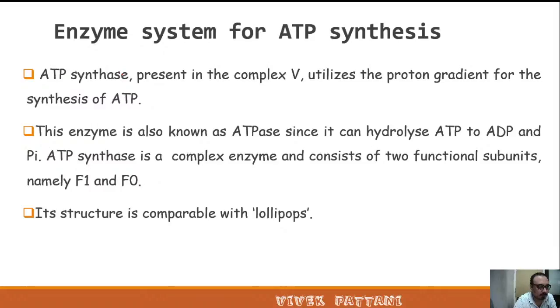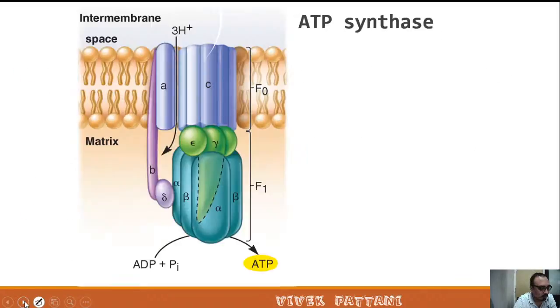Now the enzyme system for ATP synthesis. We have already discussed the various types of ATP synthases found in various organisms. Right now I am going to discuss how they actually work. They work in a rotary type of manner, and this is a rotary diagram of ATP synthase.